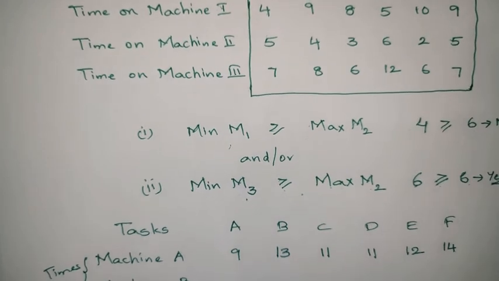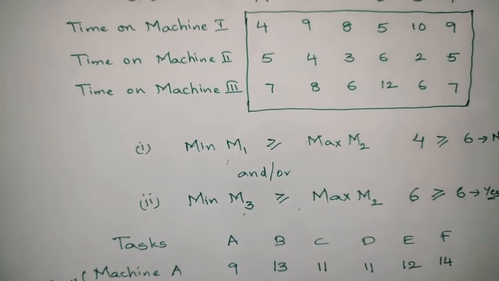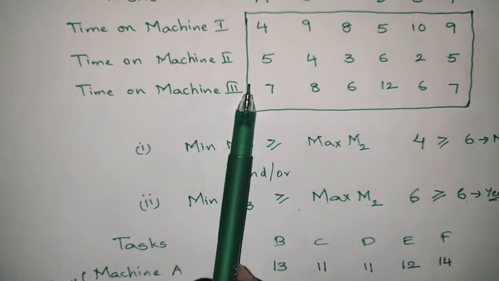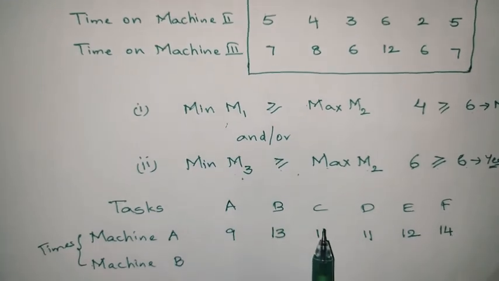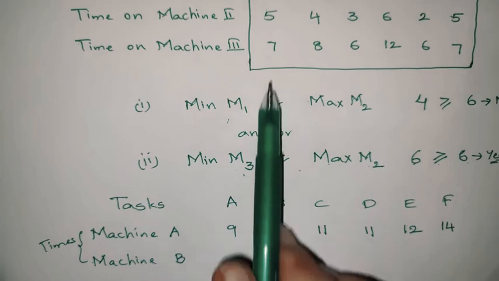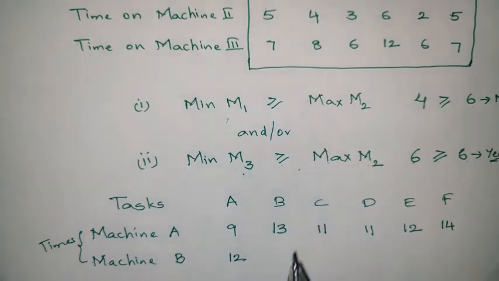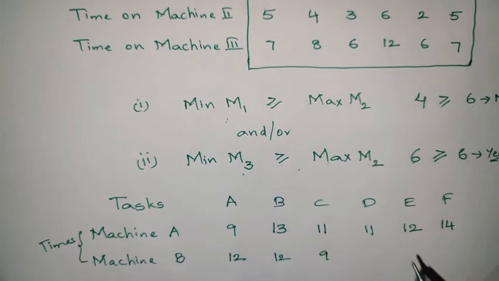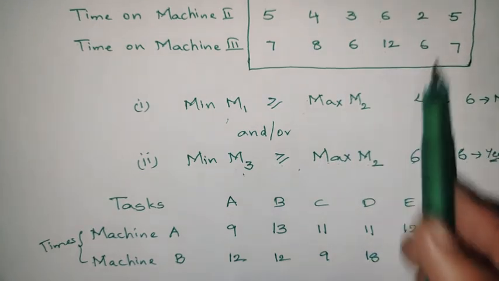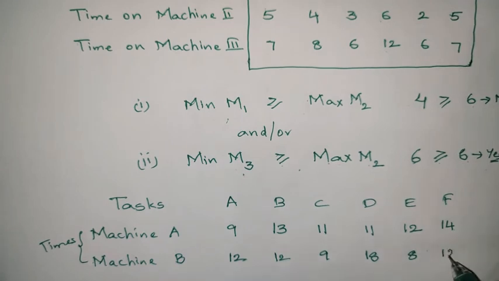Now let us calculate the process times of machine B. If you want to find the process times of machine B, then we need to add the process times of machines 2 and 3. Then the process times of machine B are 5 plus 7, 12. 4 plus 8, 12. 3 plus 6, 9. 6 plus 12, 18. 2 plus 6, 8. 5 plus 7, 12.